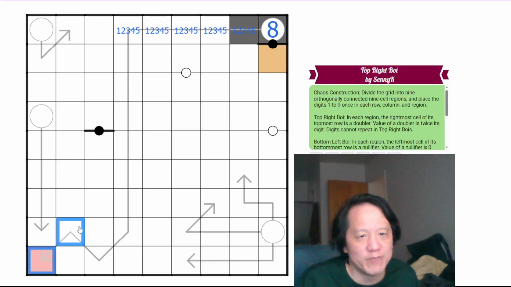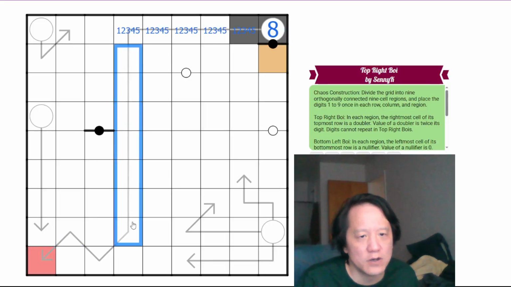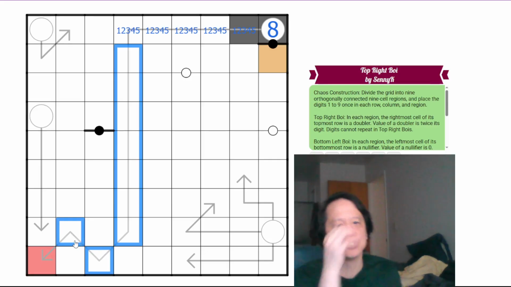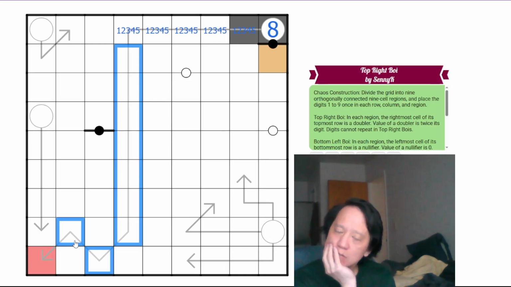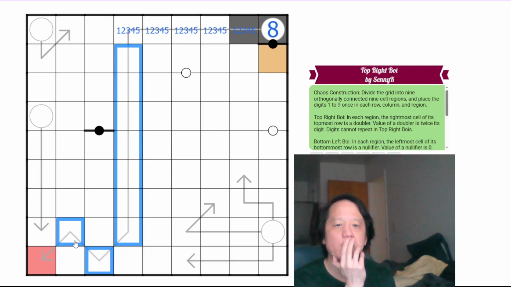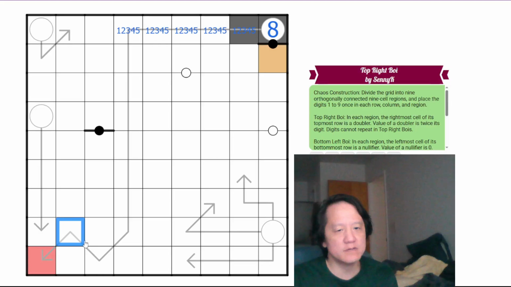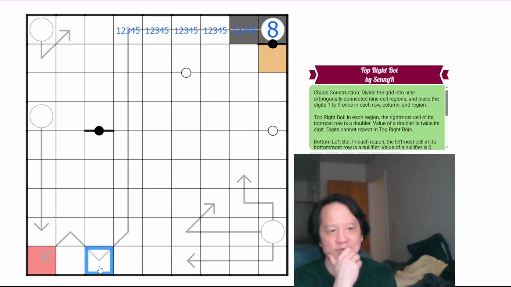So we have to have bottom left cells all along here except for one digit. That's interesting. Obviously, these very well could be bottom left cells.